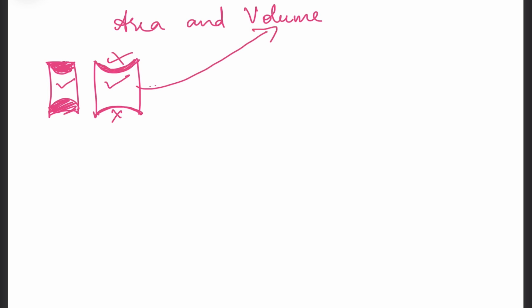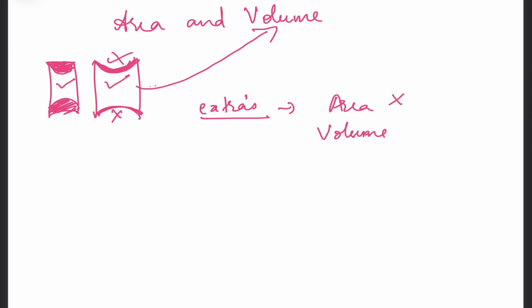But if you observe here, in a cylinder, when the hemispherical part is scooped out, will the area change? Only the extras we have will be removed. The area will not change.